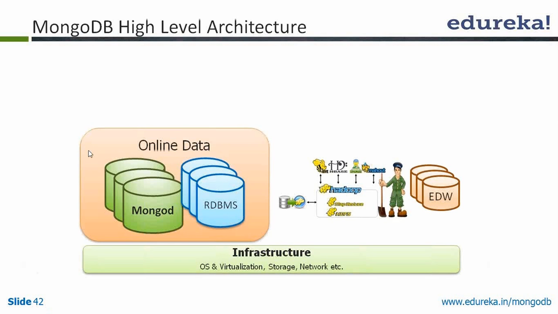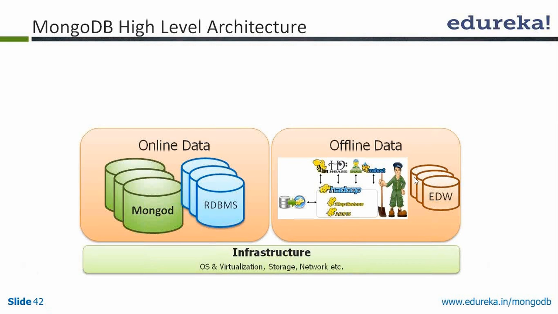If you remember, we use RDBMS for online data, right? In the same way we can use MongoDB also for online data. But what about the data warehouse? This is mainly for offline data. These are not for online data.